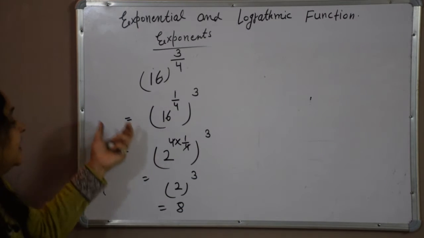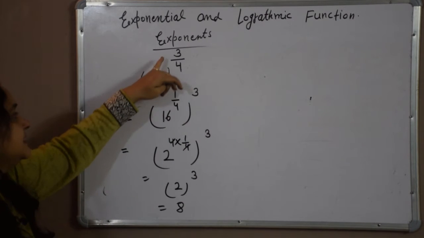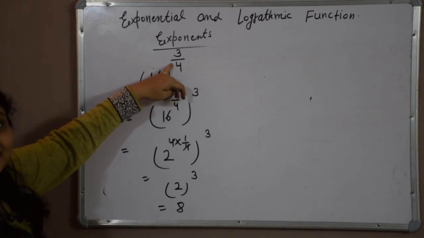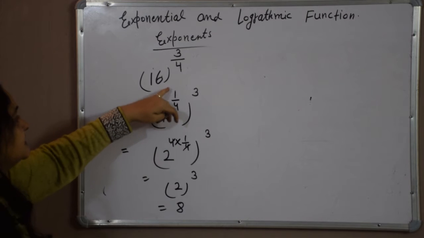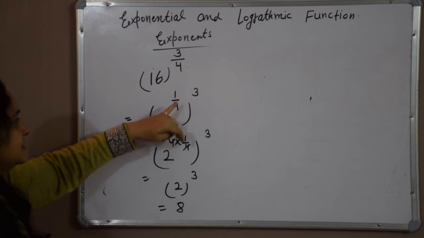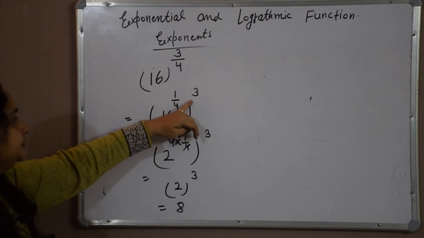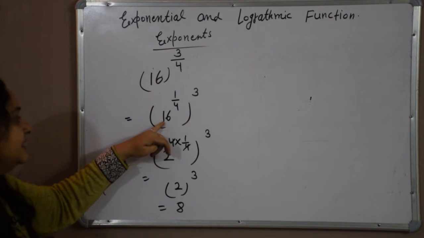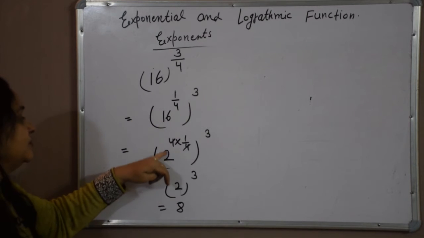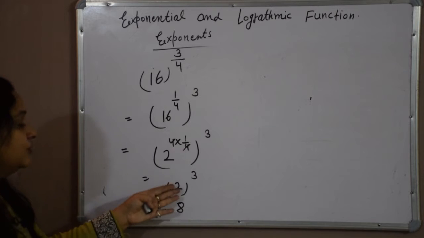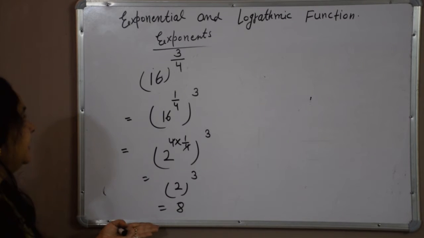So this is the way we can use the property. 16 raised to power 3 by 4 directly was difficult to solve. First of all, we separated the powers and converted 16 in terms of 2 raised to power 4, and we got 2 cube equal to 8.